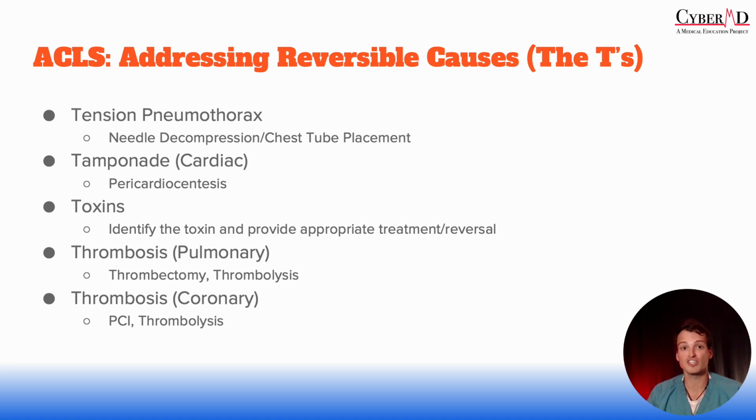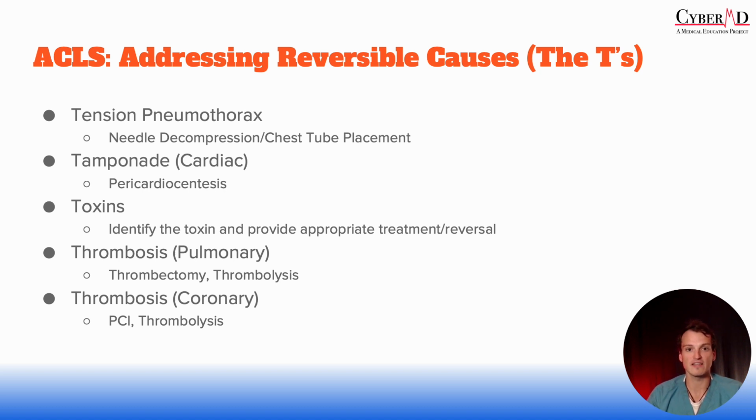The first is tension pneumothorax. So immediately you can needle decompress these patients. Oftentimes they may have an asymmetric chest rise. If you shoot a chest x-ray, you'll be able to see the collapsed lung. And they'll also be in tension physiology. So make sure that you're covering all of those things whenever you think about tension pneumothorax.